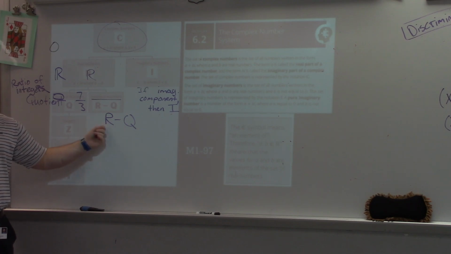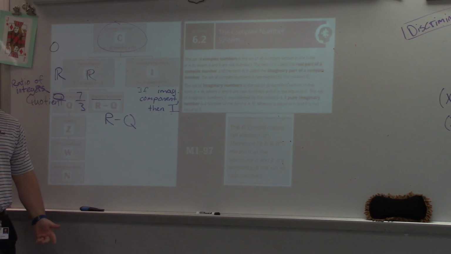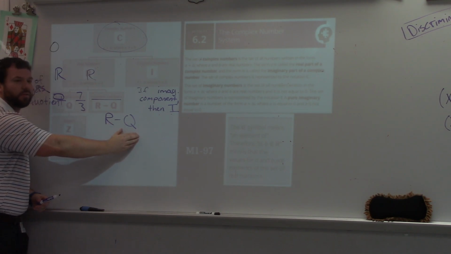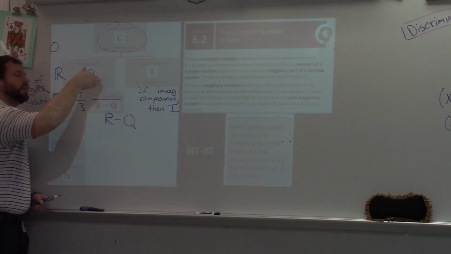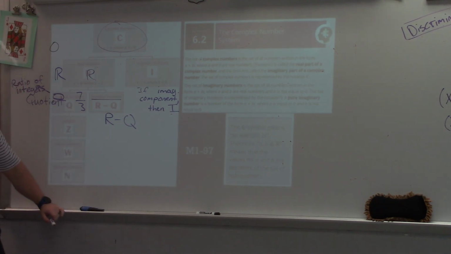So if I take the real numbers and take out all the rationals, what am I left with? Irrational. That literally means I have the real numbers, I'm taking away all the rational numbers, so I am left with the irrational numbers. Take your reals, take away all the rationals, you're left with irrationals.